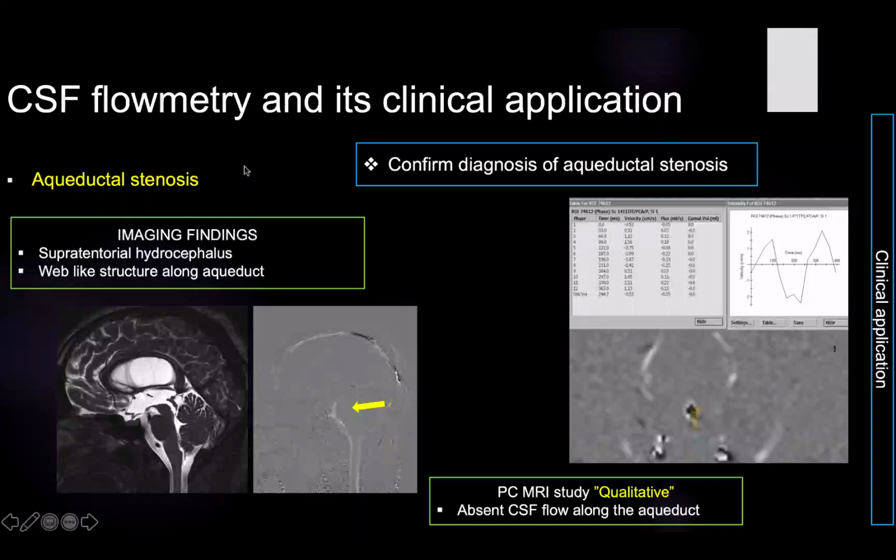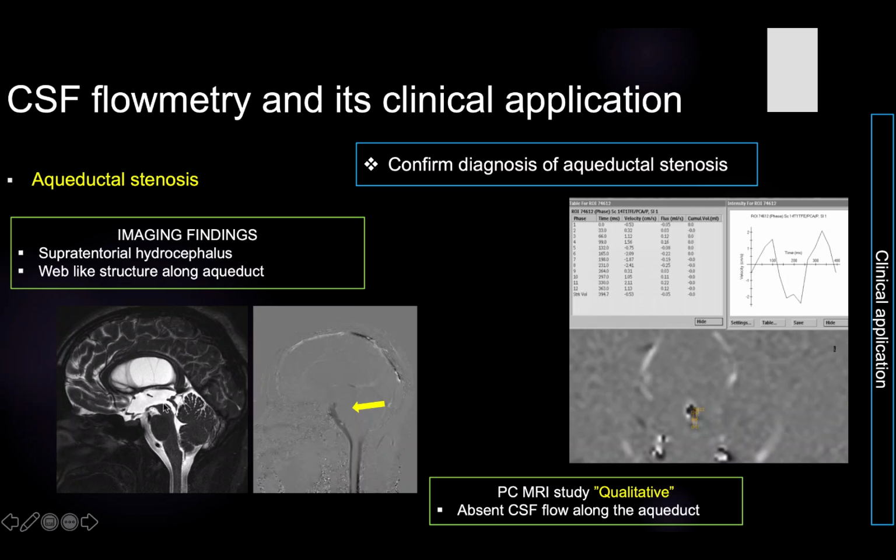Regarding the role of CSF flowmetry in aqueductal stenosis, we can suggest aqueductal stenosis on normal MRI images by detecting supratentorial hydrocephalic changes and dilatation of the third ventricle while the fourth ventricle is not dilated.